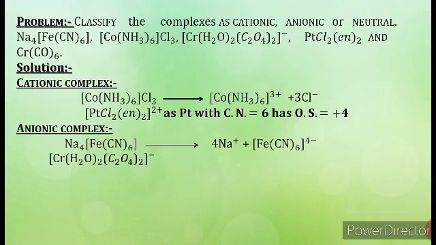Each oxalate ion carries 2 negative charges, so total 4 negative charges are there. Out of them 3 negative charges are satisfied by the Cr3+ ion. 1 negative charge remains, which appears as the net charge on the coordination sphere. So sodium hexacyanoferrate(III) and dioxalato chromium(III) ion both come in the category of anionic complexes. And last, hexacarbonylchromium(0) comes in the category of neutral complexes.